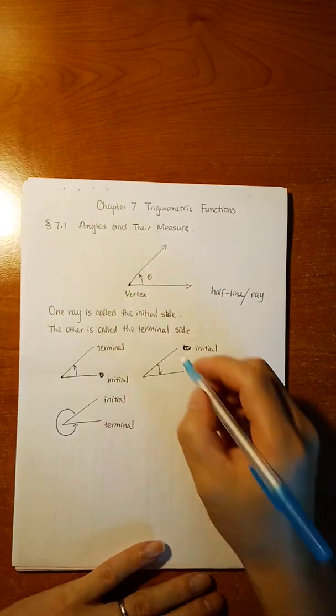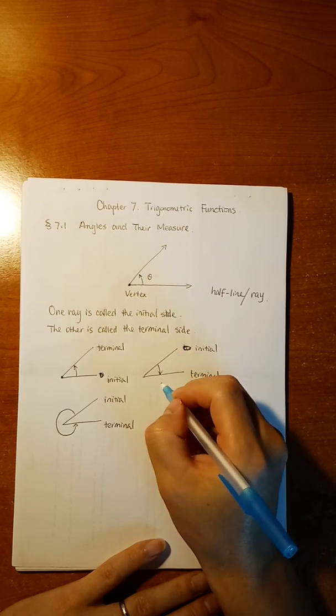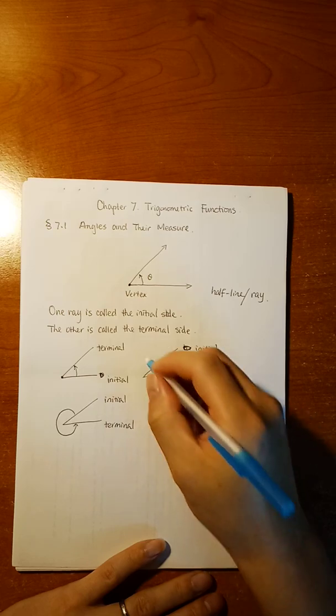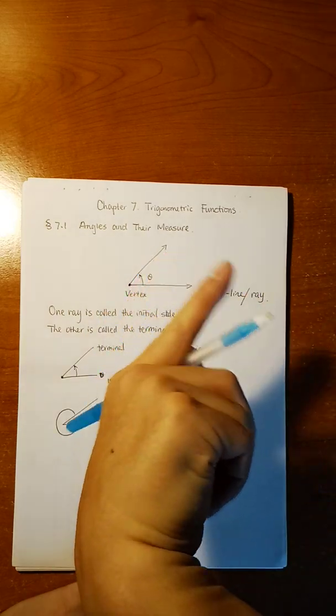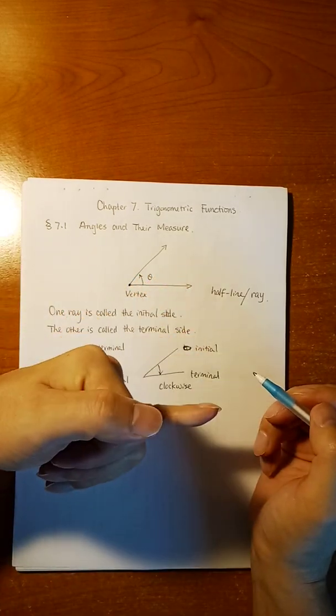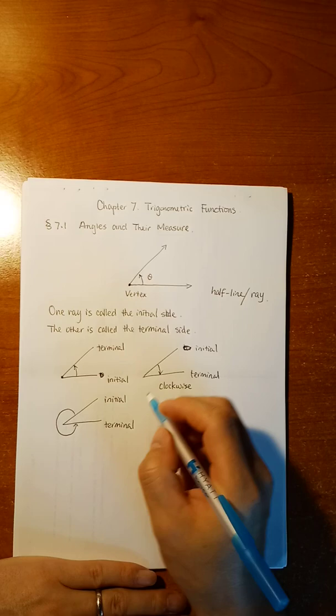The difference between the last two examples is that this one is clockwise. We say clockwise orientation, like how the angle is formed when you swing the initial side to the terminal side. It is clockwise, and this one is counterclockwise.